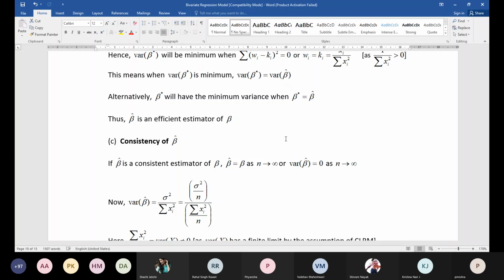For this, we are basically talking about n tending to infinity. Now, when beta hat is equal to beta, then variance of beta hat would be equal to 0, but again with the condition as n tends to infinity.